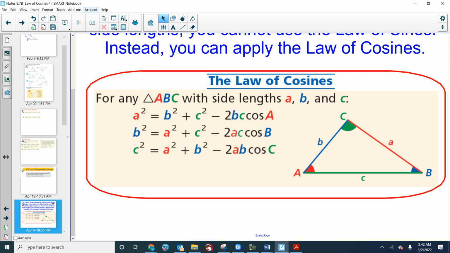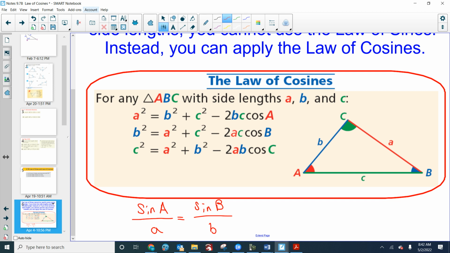Why doesn't the law of sines always work? Because it's the sine of angle A over side A equals sine of angle B over side B. So how many angles are involved in the formula? 2.